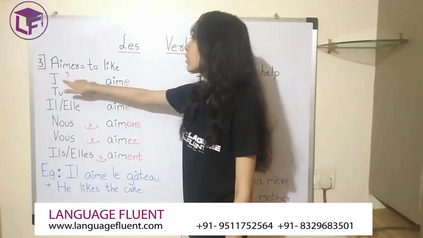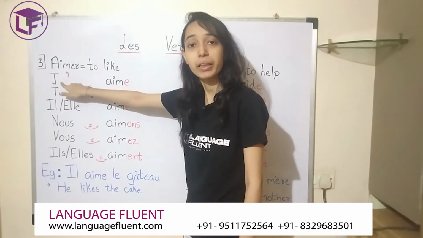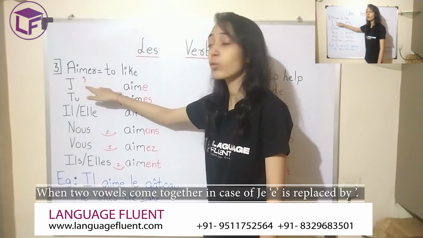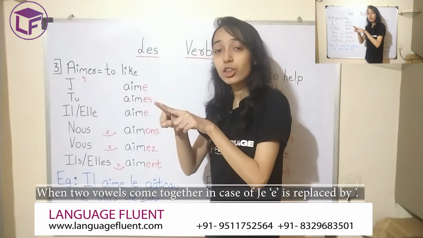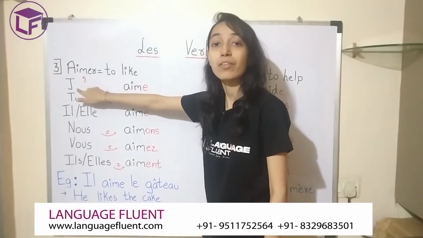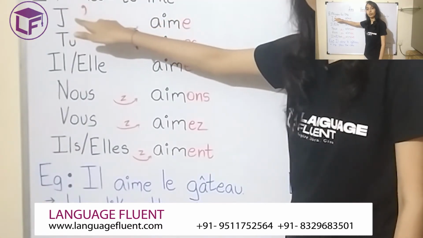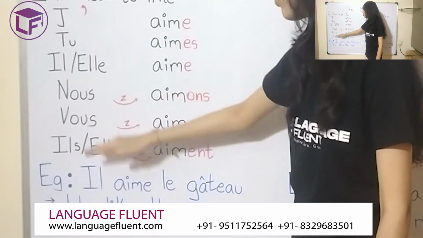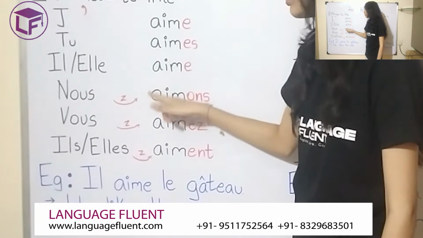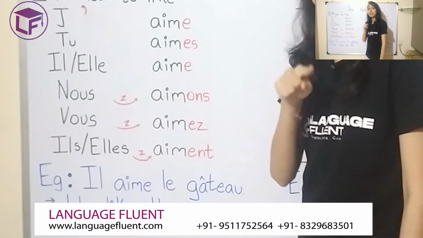Another rule: here I have eliminated e because e and a both are vowels, and when two vowels clash in the je form, we cut e and we add an apostrophe. And in nous, vous and ils, elles forms, when there is an s, we have a liaison sound z.